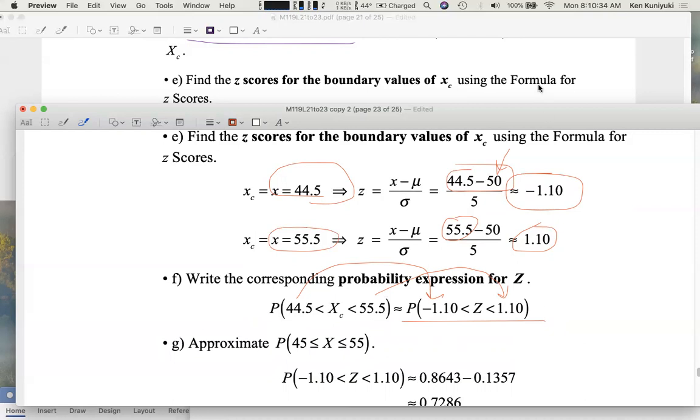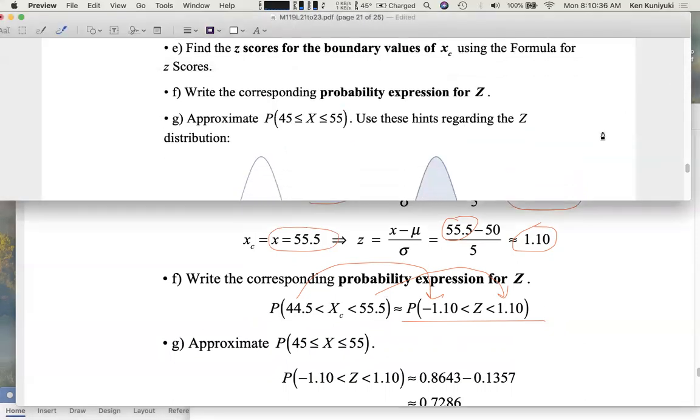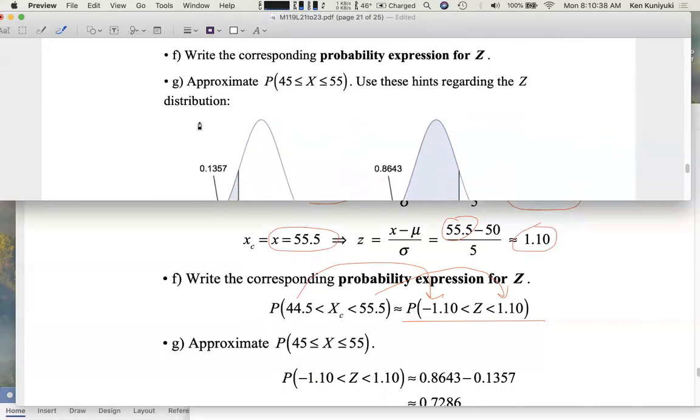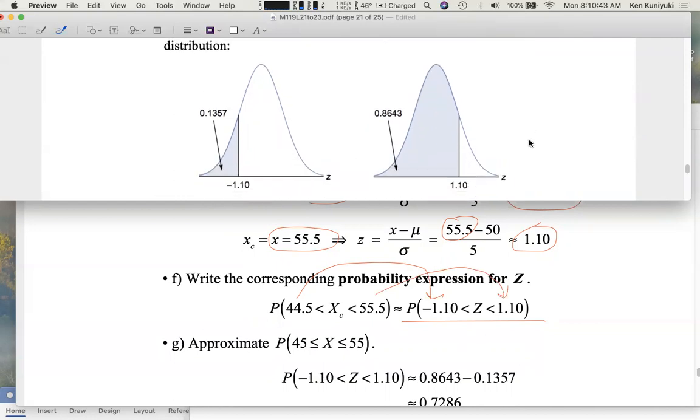Now, in the stated problem, I give hints. We're going to approximate the probability of me winning the bet using these hints for the z distribution, the standard normal. We're going to use the probability that the area to the left of positive 1.10 is 0.8643, this big chunk over here. Of course, it's way bigger than 0.5.